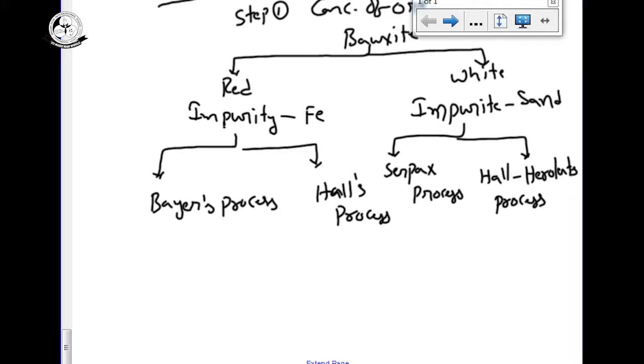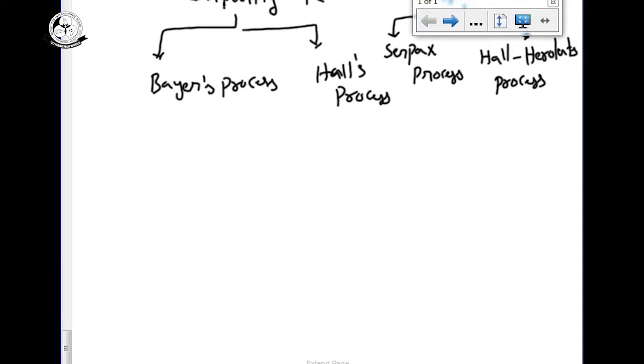So in the first step, we do the concentration of ore by these different processes. Then step 2 is the electrolytic reduction.